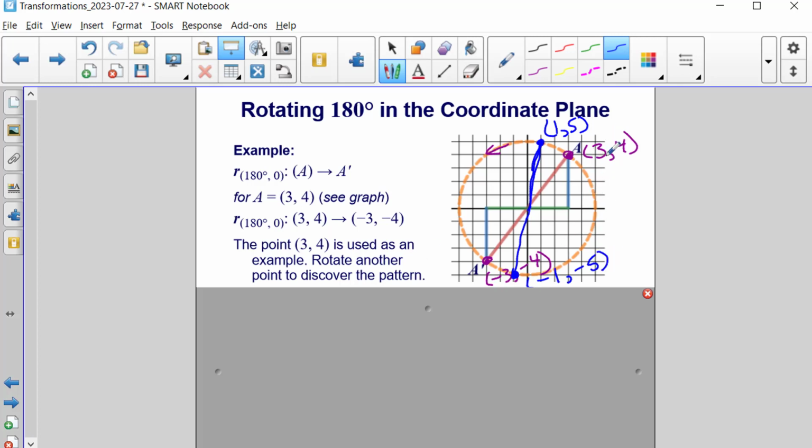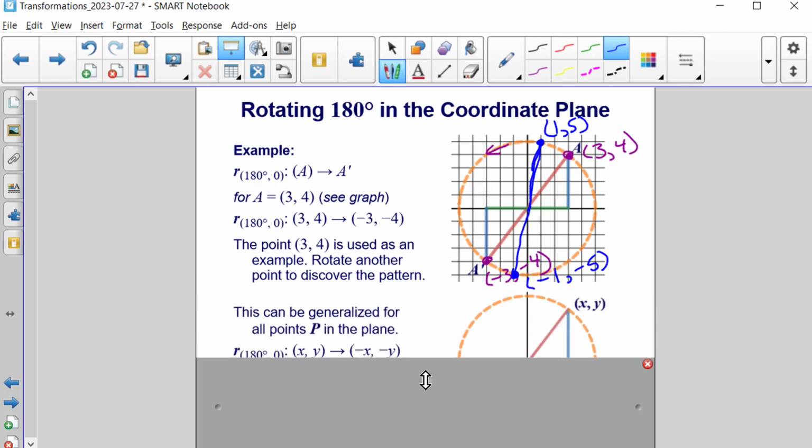Do you see a pattern between going from the original point, 3, 4, to its corresponding image point, -3, -4? What about 1, 5 to -1, -5? Take a moment to pause this video and think about it to see if you can find the pattern, and when you're done, unpause it.